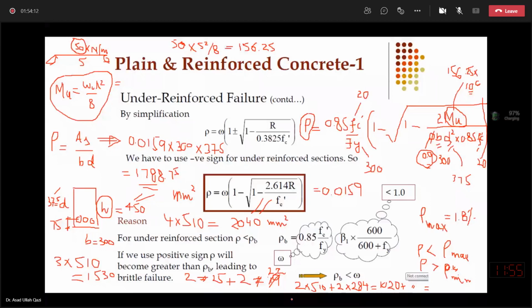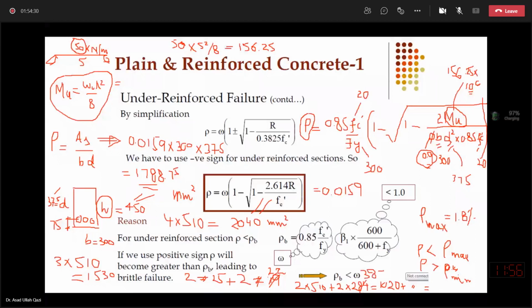If you consult the table, you will get an area of 387.